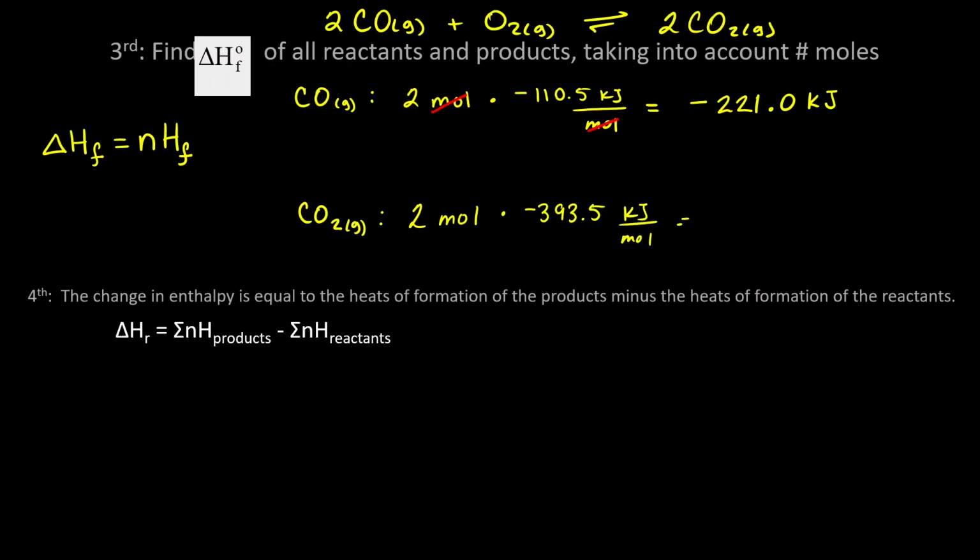And I would do that one in my head, but I'm worried about making a mistake in my video. So quickly calculated that, 787.0 kilojoules. Just a little note, O2 gas is 0 kilojoules, just in case we get there and we're like, what the heck? What's going on there?